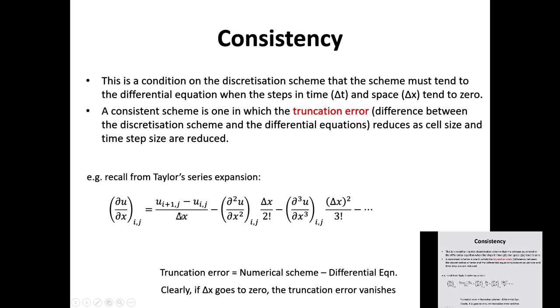When you write the Taylor series expansion of that, you have a lot of terms, but you only use a first order, second order or third order numerical scheme, and the rest, from there to the higher order, you ignore. That's your truncation error. Your truncation error is the amount that you ignore. So your truncation error is basically the numerical scheme minus the differential equation.